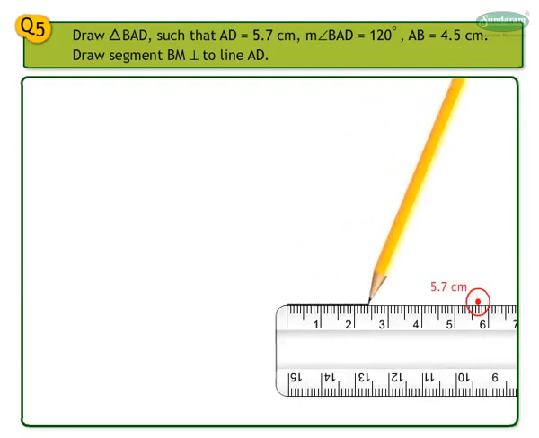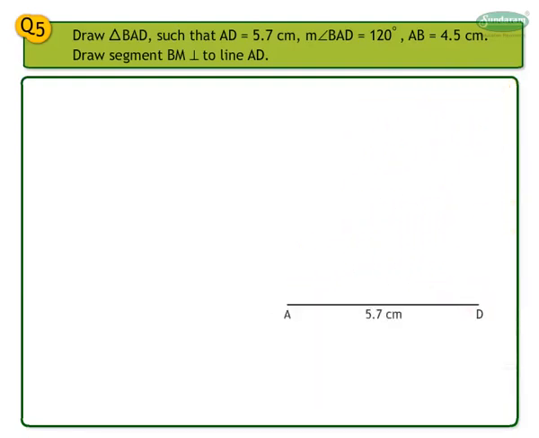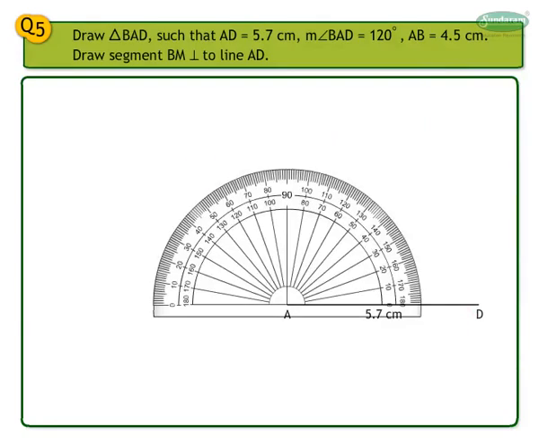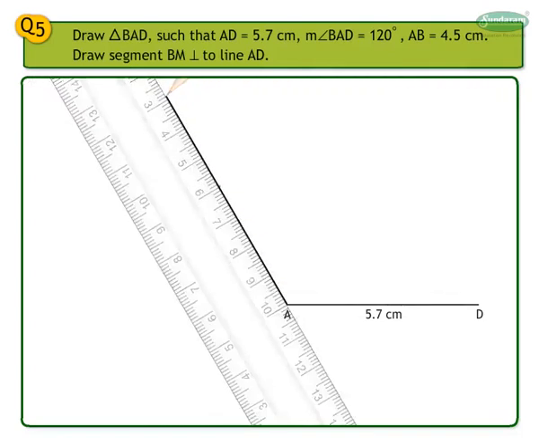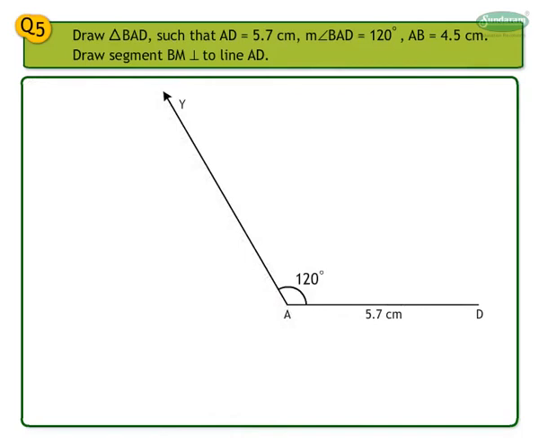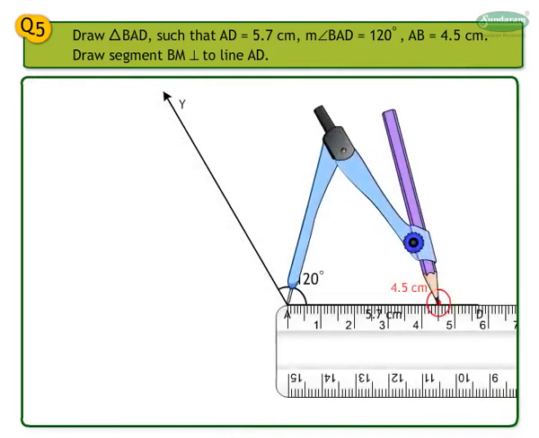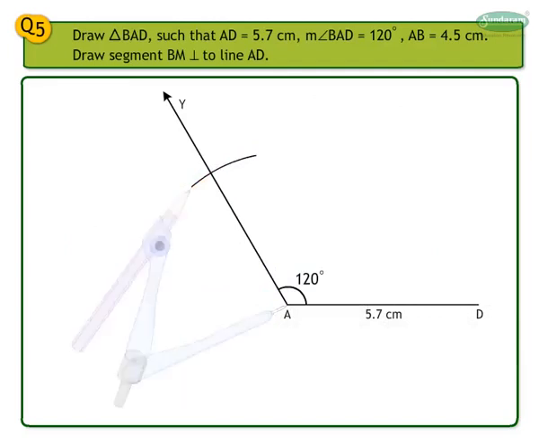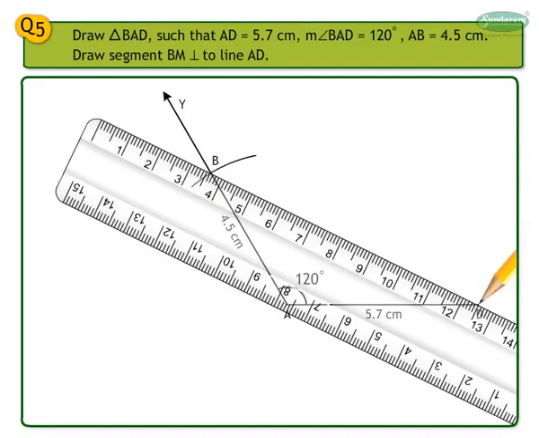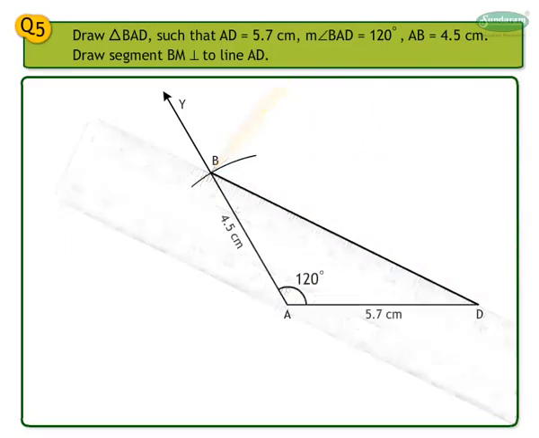Draw segment AD of length 5.7 centimeters. Take A as center. Draw ray AY such that angle DAY is equal to 120 degrees. Take A as center. Draw an arc of radius 4.5 centimeters on ray AY. Let this be point B. Join points B and D.